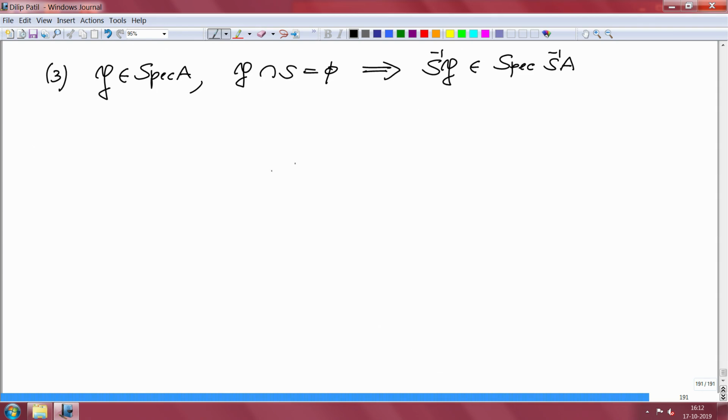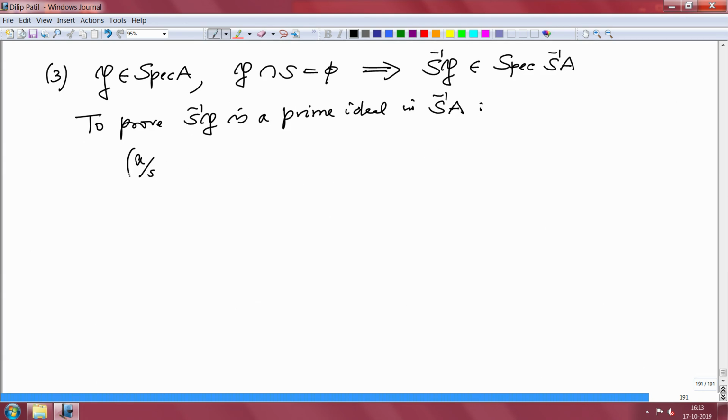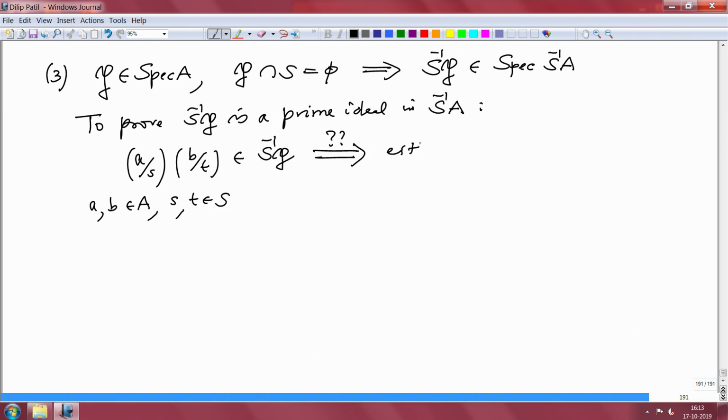That means, to prove S inverse P is a prime ideal in S inverse A, take two elements A by S times B by T. Suppose the product belongs to S inverse P, where A, B are in A and S, T are in S. Then we want to prove that either A by S belongs to S inverse P or B by T belongs to S inverse P. But what is given? The product belongs to S inverse P. What is this product?